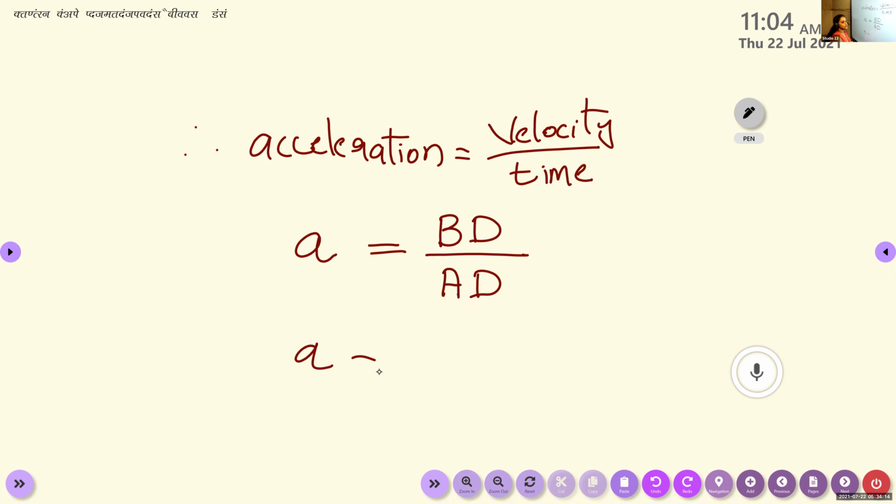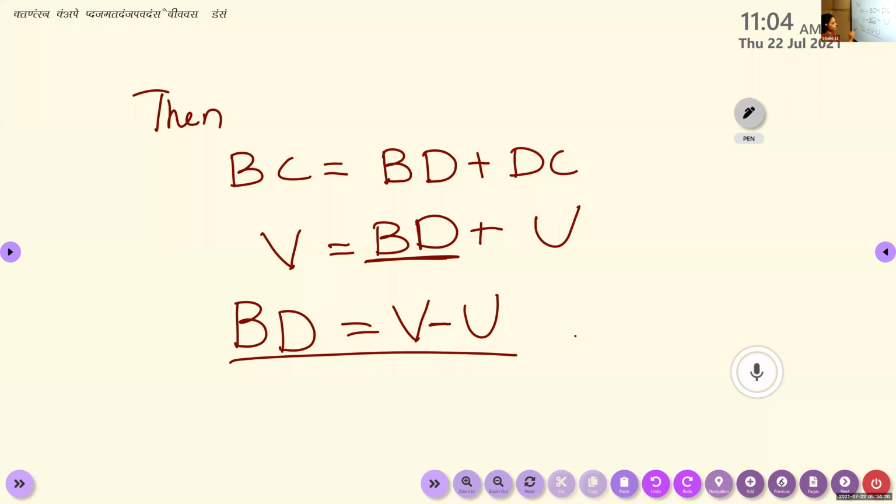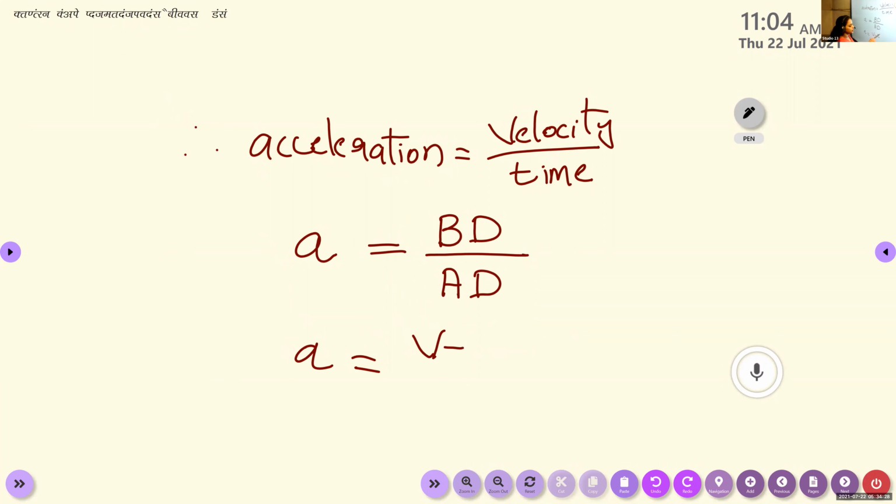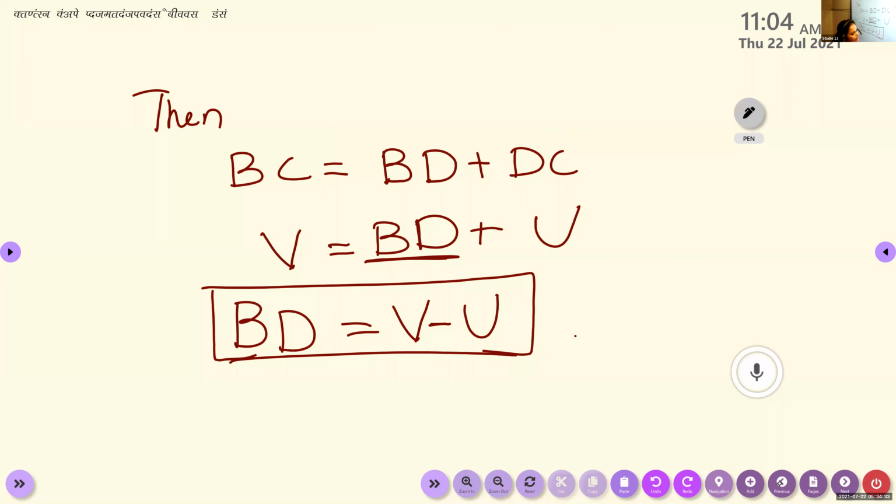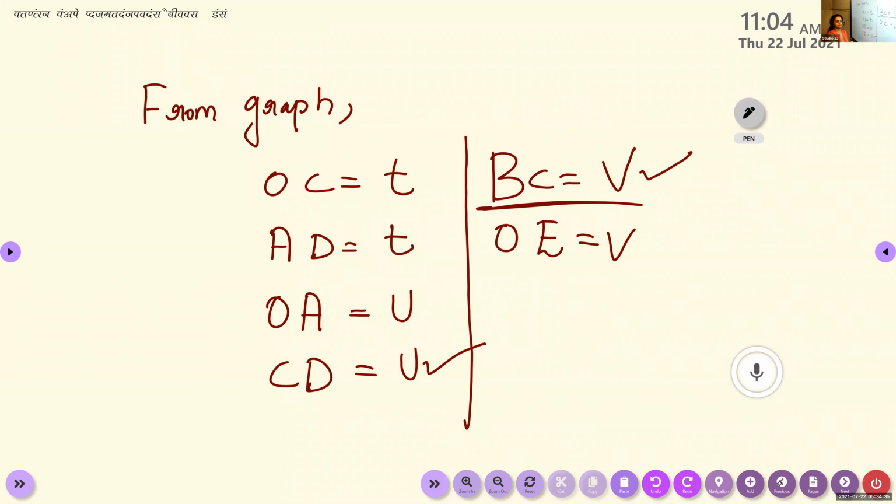Now we know the values of BD and AD. What is BD? The previous equation, we derived the value for BD. BD is equal to V minus U. Good. And what does AD represent? Can you identify AD?